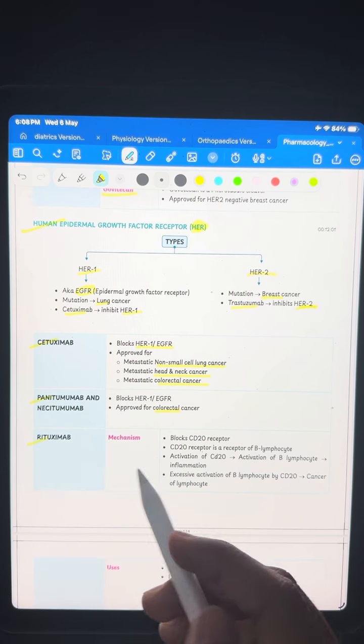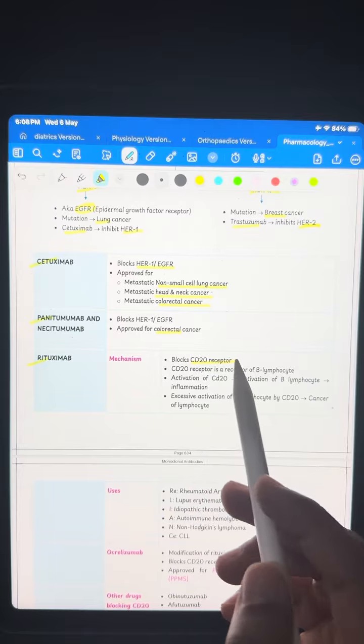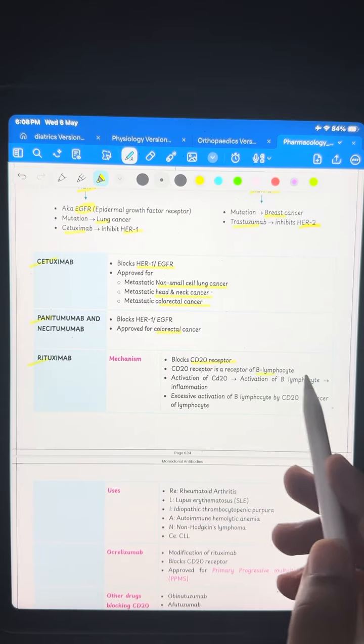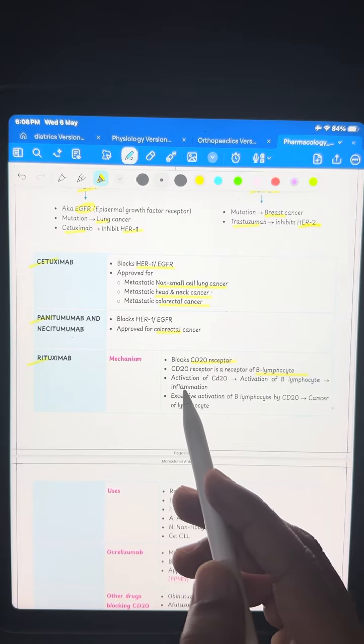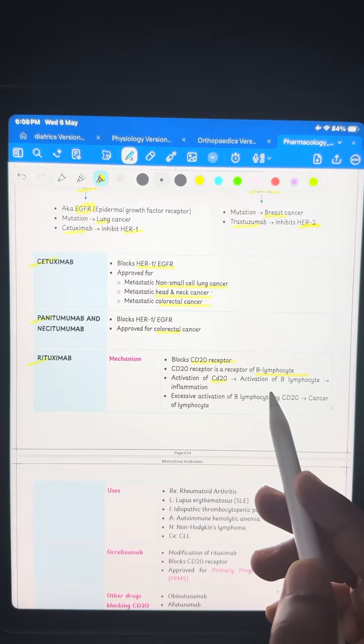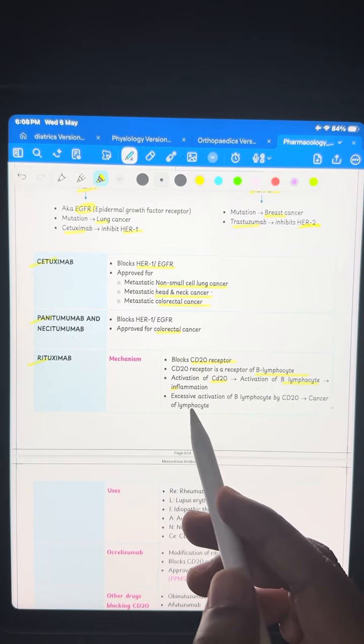Now rituximab blocks the CD20 receptor. CD20 receptor is a receptor of B lymphocytes. It activates CD20, then B lymphocytes, then inflammation.